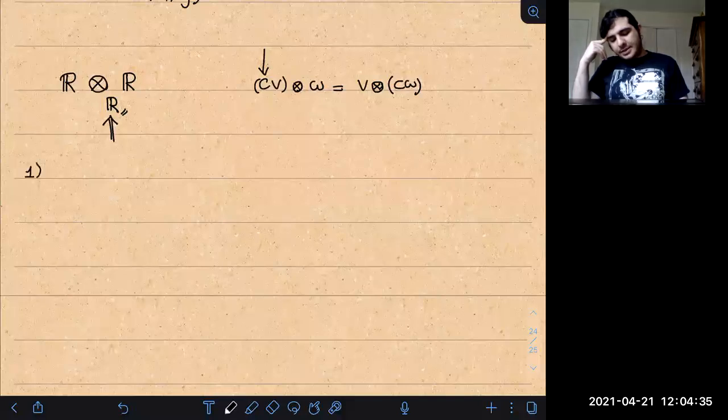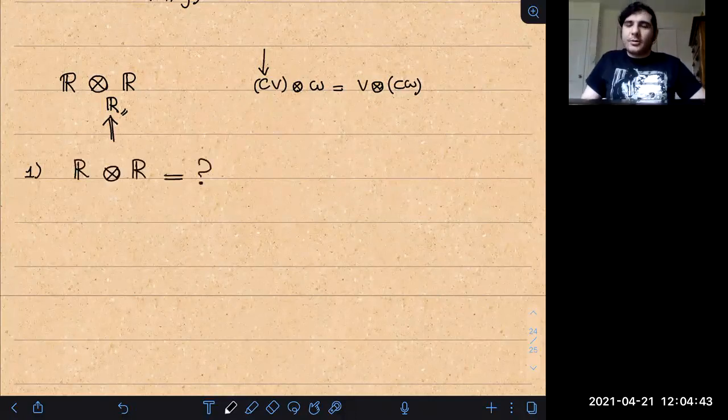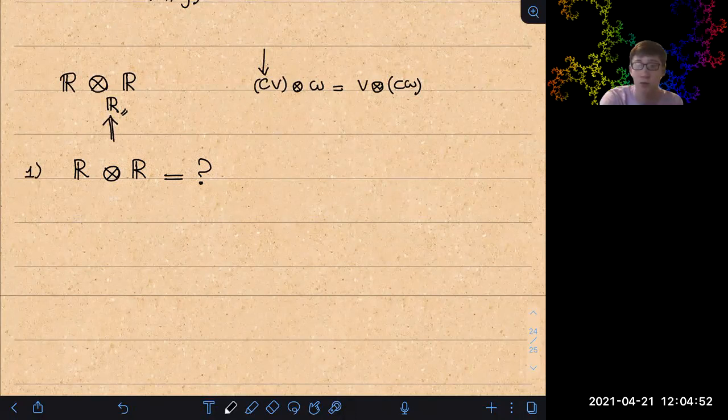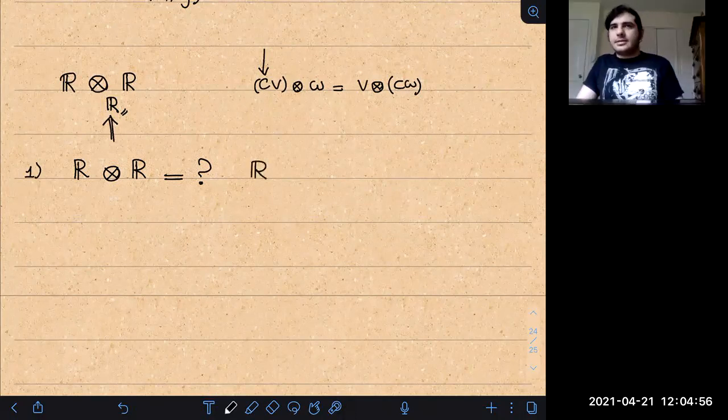What is this space? What is R tensor R? Does anyone know what R tensor R is? What is the answer to this question? Just R? Just R, that is correct. So let's see why that's true.